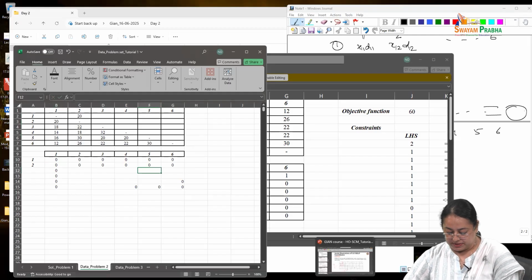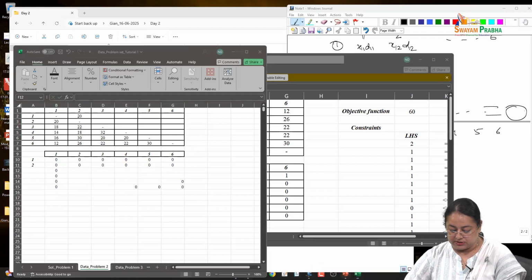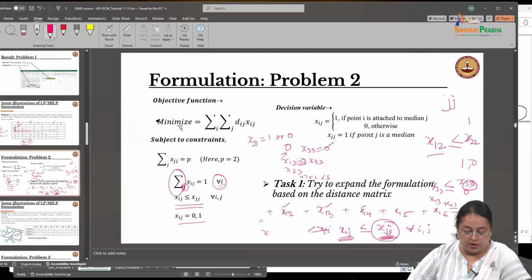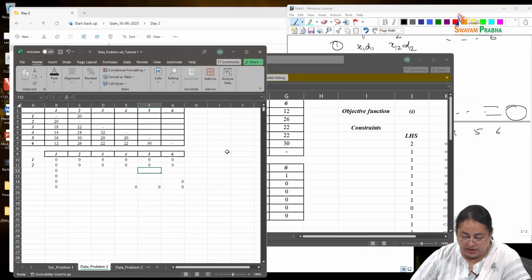Go back to our presentation. What is our objective function? We want to minimize the summation of Dij times Xij. Now how can we write that? In I2 you can write objective function, that's just text.